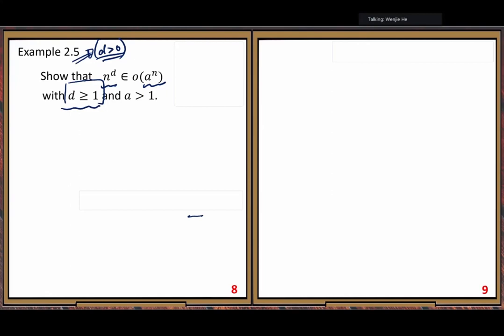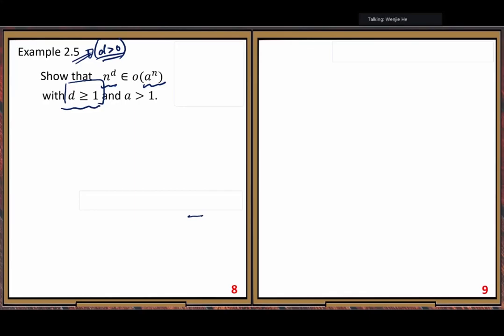So based on our strategy, can we make the assumption to let d be an integer?